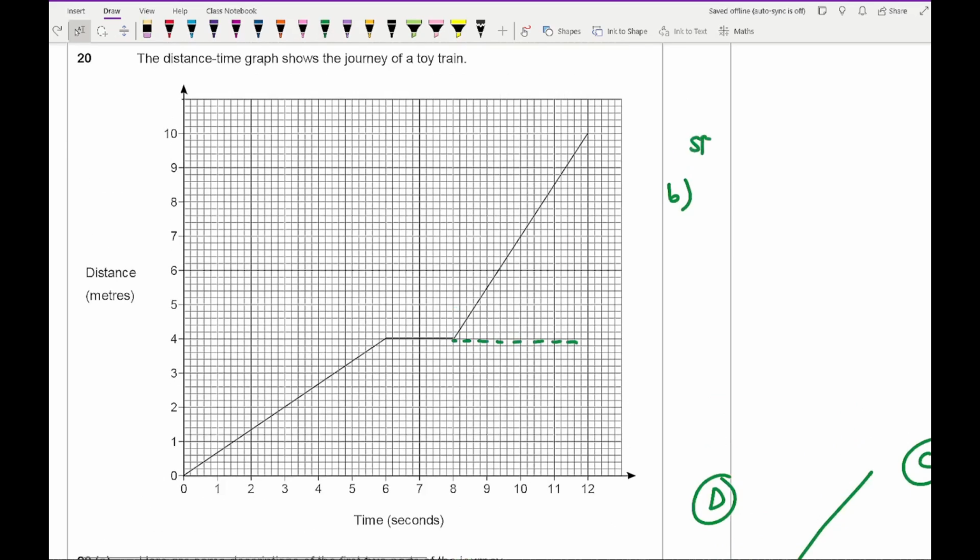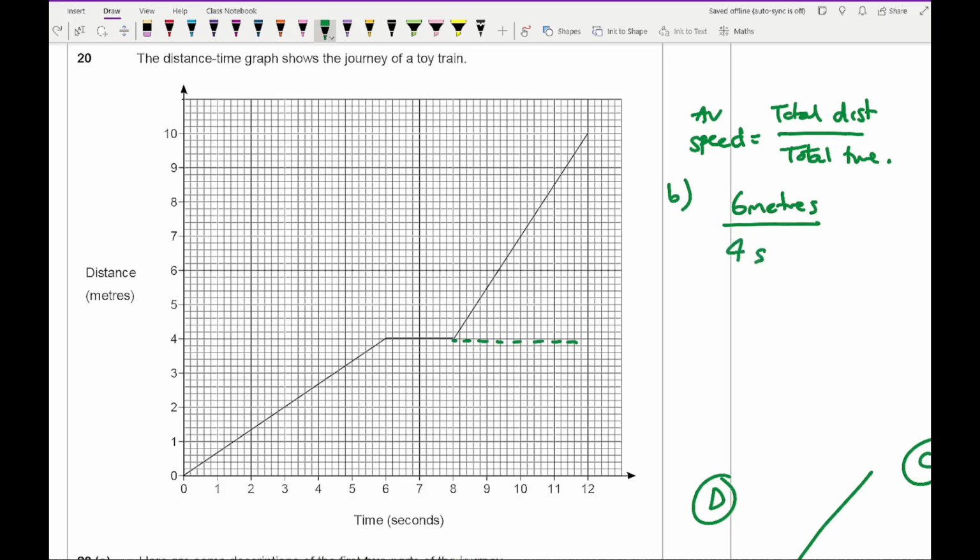The average speed is the total distance divided by the total time. Here our total distance that we've travelled in those last 4 seconds is the difference between 10 and 4, so that's 6 metres, divided by the total time, which is 4 seconds.